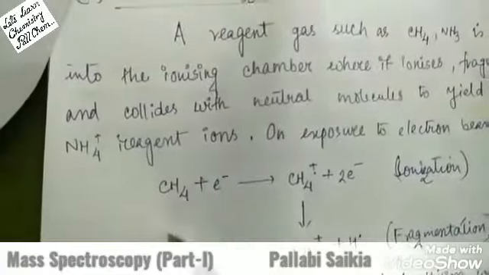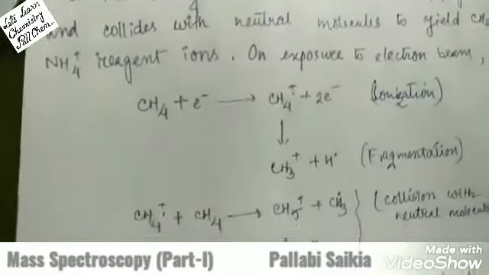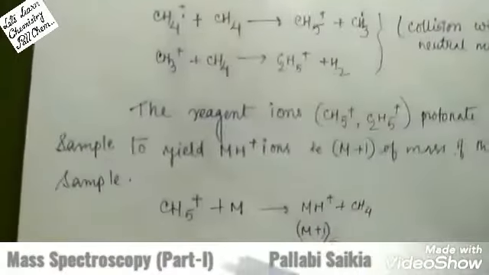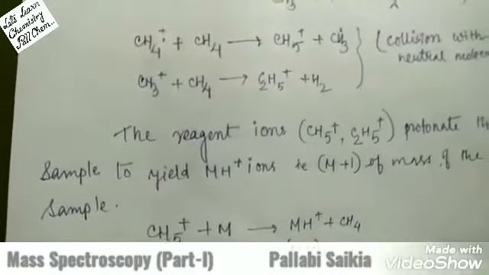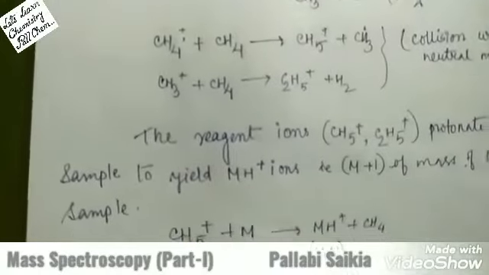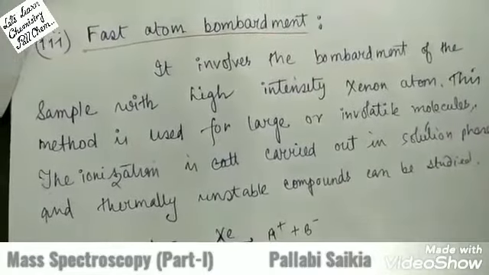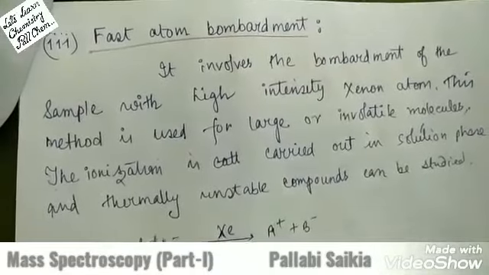Initially, the reagent gas is ionized to form some reagent ions. These reagent ions will collide with the sample. This is a soft ionization technique. The third method of ionization is fast atom bombardment.